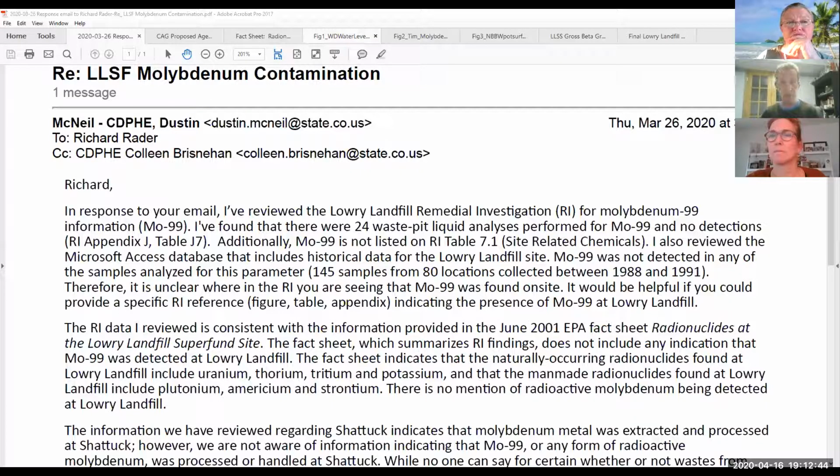It was mentioned earlier that the half-life is 66 hours, a little more than 2.5 days. Very short. So again, can never say never, but even if molybdenum-99 were to theoretically have been present during the operational period from 1965 to 1980, it would be unlikely to still be present in the environment as molybdenum-99.